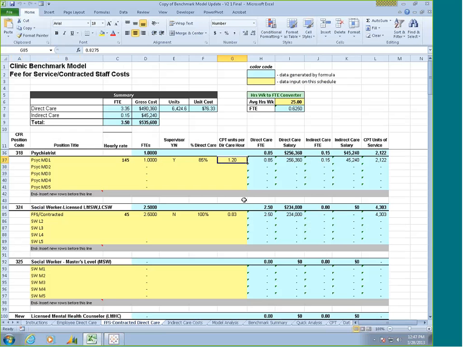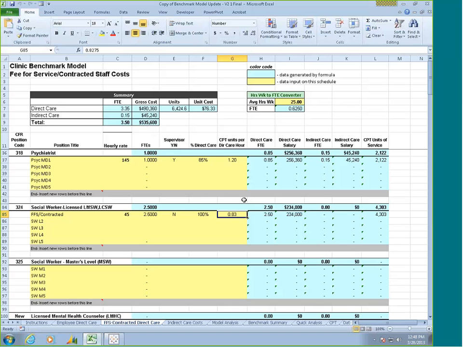In this case, we think that our psychiatrist can generate 1.2 units per hour, and we calculated that a contracted social worker can generate 0.83, which is basically saying we'll pay you an hour, in this case $45, and in that hour, on average, you will generate 0.83, because you may only get a half-hour session in because somebody comes in late and you generate 0.62, or you're able to do 2 30-minute sessions and you generate 0.12, or you're only able to do 1 45-minute session at 0.8.